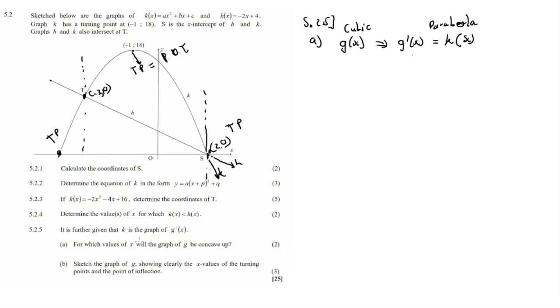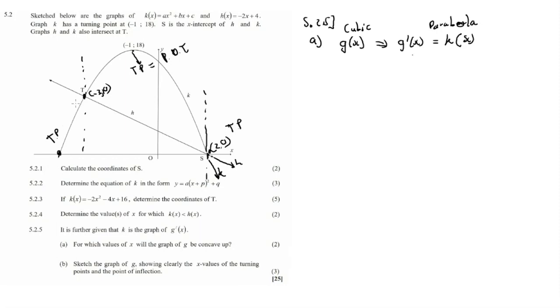I want to answer this question, but in order to address the concavity part about this function, I need to know where my point of inflection is. It's this point, and I want the x values that make the graph concave up.